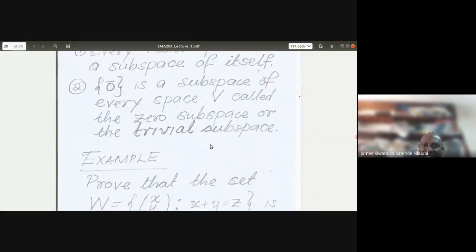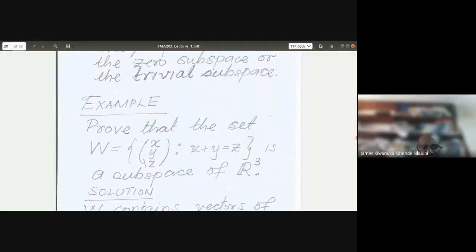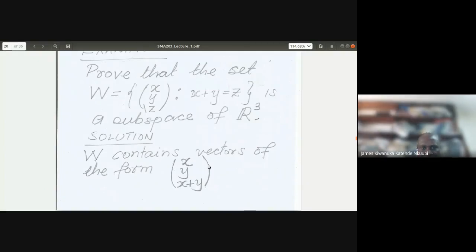So it means we can write vectors in W as follows. The z, or the third component, will be equal to the sum of the first two. So if my first two components are x and y, the third one, which is supposed to be z, will be the sum of x and y.